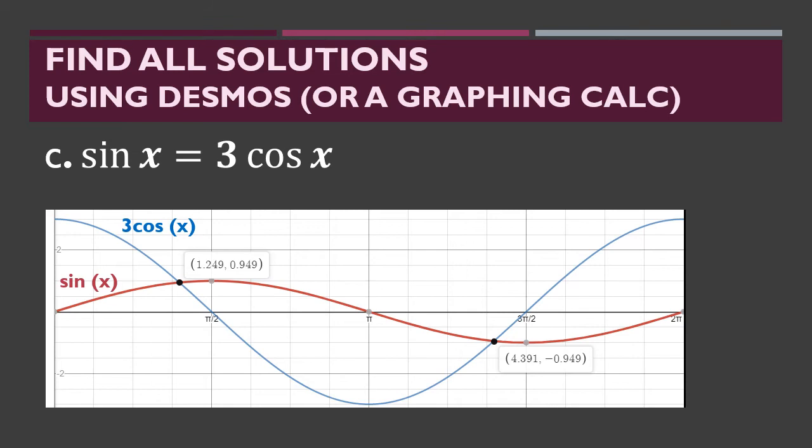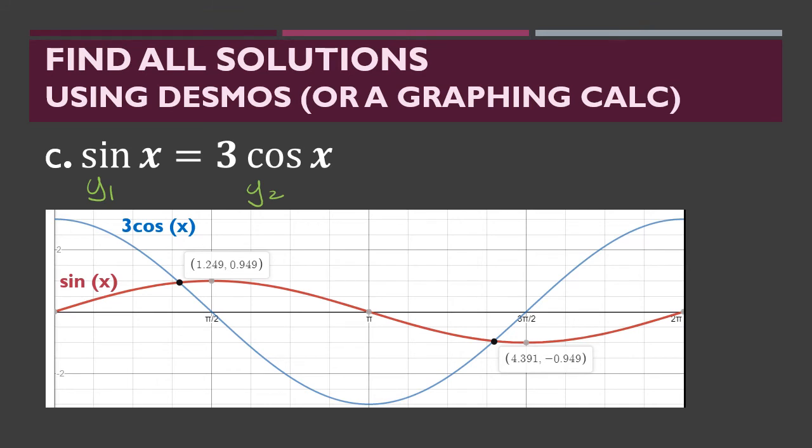So we have the problem sine x equals 3 cosine x. So I went to Desmos, and in my first equation, I put y equals sine of x. And in my second equation, I put y equals 3 cosine of x.